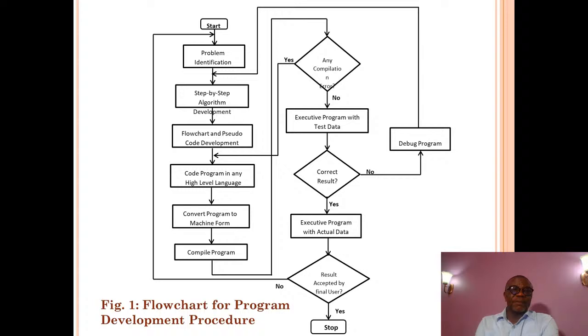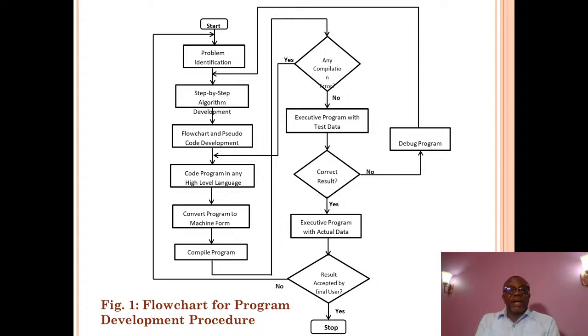So now we are talking of drawing a flowchart for program development. Like we said, the first thing you do is to identify the problem. Identifying the problem, you are not getting input, it's a process. So we use the rectangle, which is a process symbol. Then we go down. The next thing we do is step-by-step algorithm development, which is also a process, so we use the rectangle.